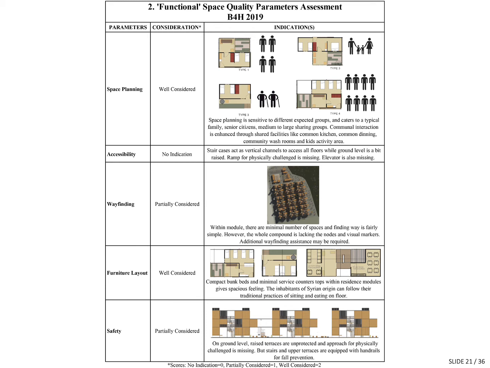Furniture layout is well considered in this case study as the compact furniture fulfilling the individual needs are designed and carefully considered. Safety is considered partially because of the raised ground level. There is no protection for physically challenged people and elder people and children, and it could be equipped with handrails for fall prevention.